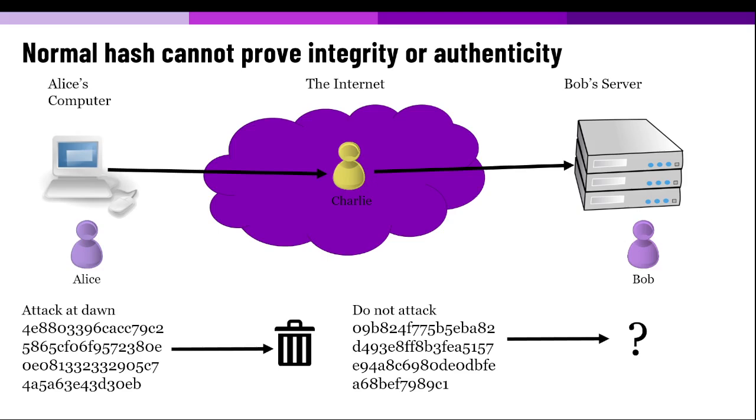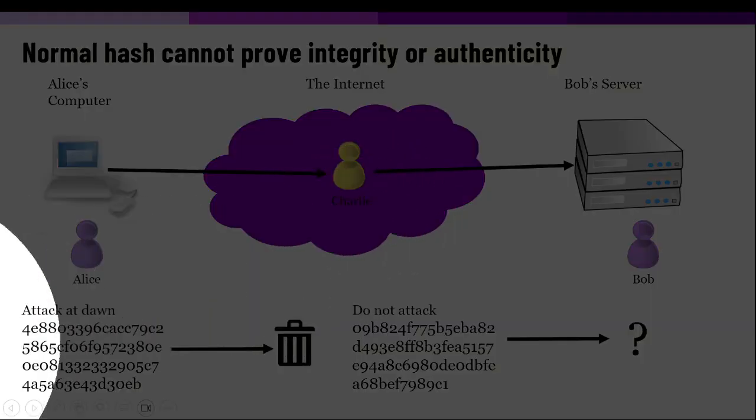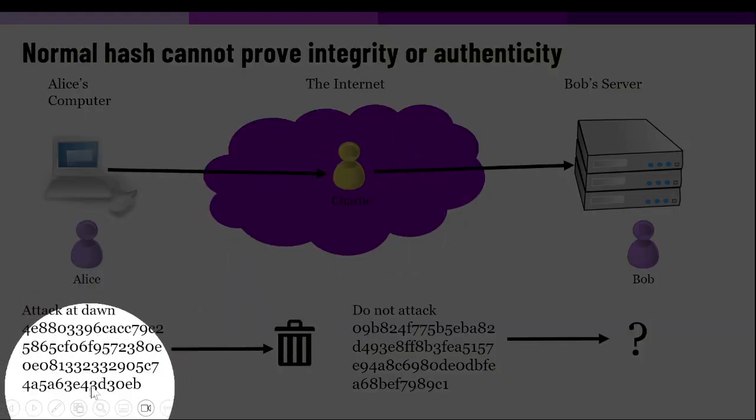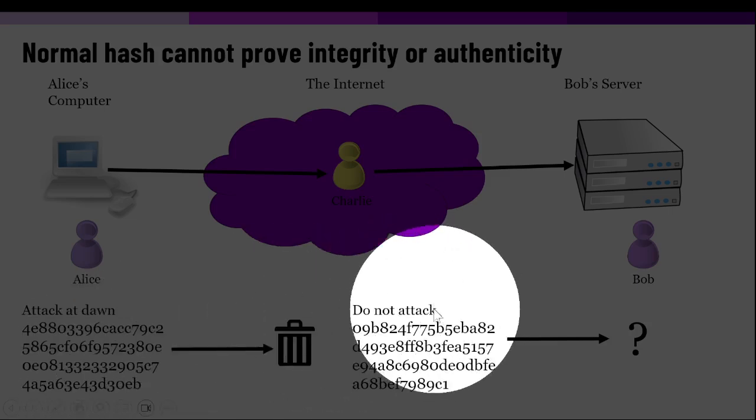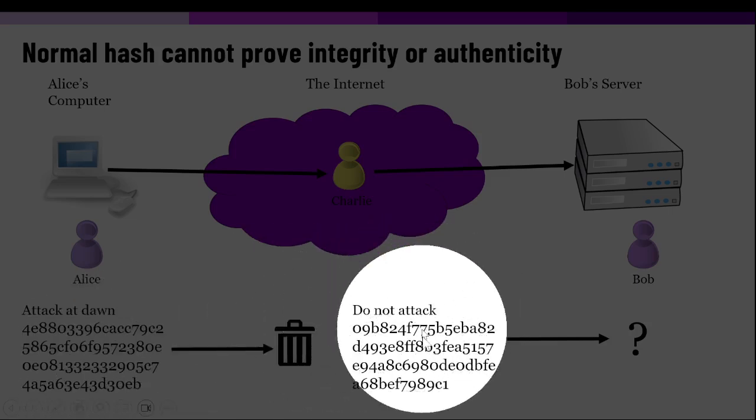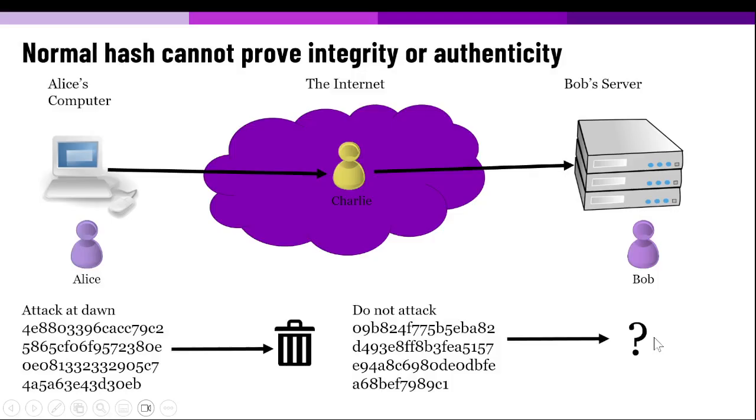All right. Threat models. Our threat model in this case is a remote online attacker that does not have access to Alice or Bob, but can break the connection between them. Our attacker might take something like the phrase attack at dawn with this hash, throw it away, try to write do not attack with another hash, and send it to Bob.